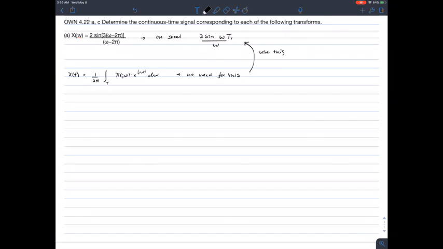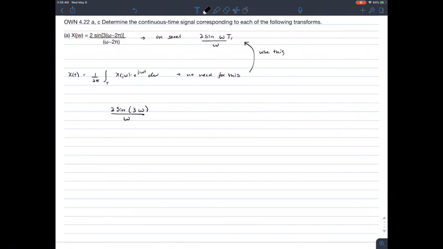So first, we know that if we take away the shift first, so we have 2 sine of 3 times omega over omega. Okay?